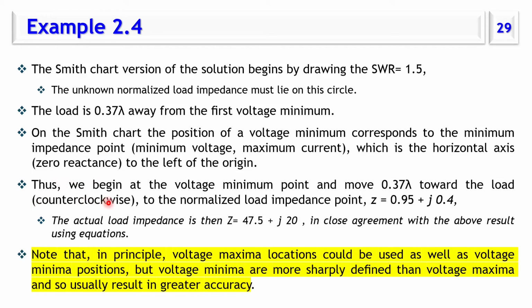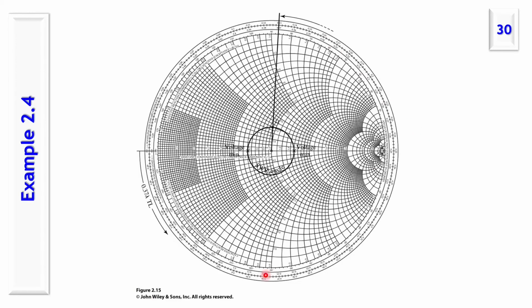We know that the standing wave ratio is 1.5. So we can go on Smith's chart on the scale at the bottom and locate the position for 1.5 standing wave ratio. Then we go vertically with a line. The intersection of this line with the horizontal axis would be here.